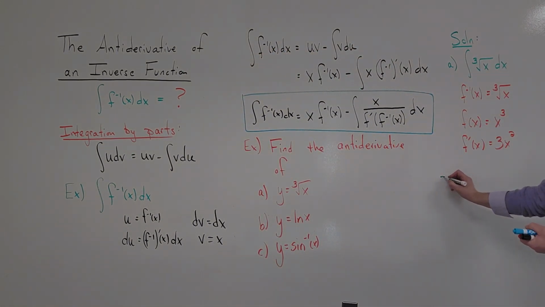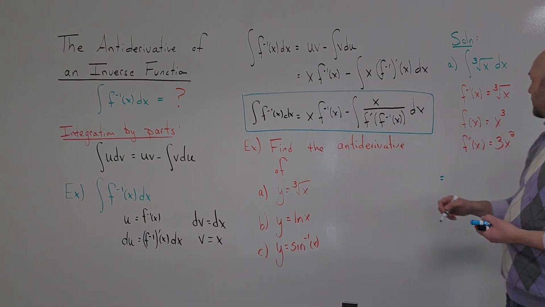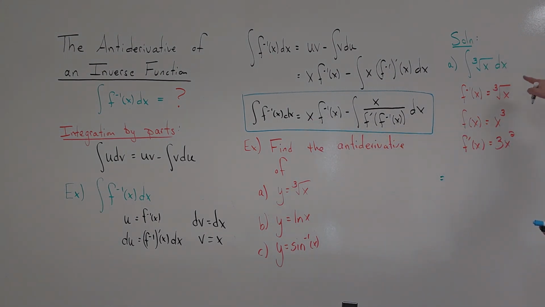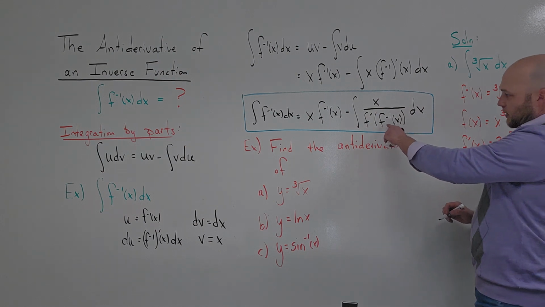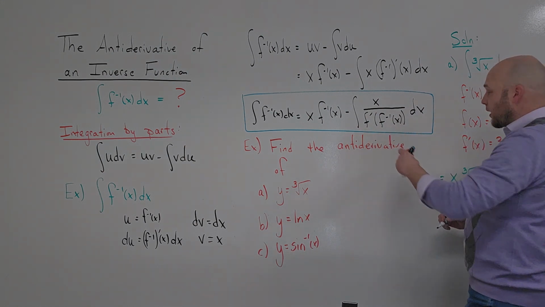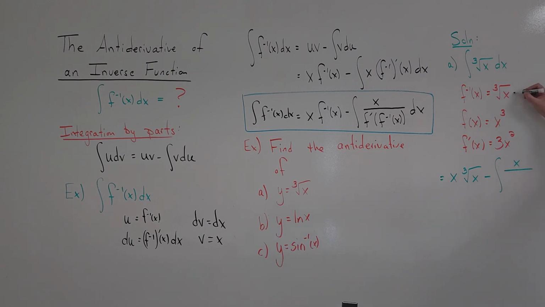Following the formula that we have listed there, this would be x times the inverse, so x times the cube root, minus the integral of x divided by, what I do is take the inverse, which is the cube root, and plug that into f prime, and that's going to go in my denominator. This would give me 3 times the cube root of x squared dx.